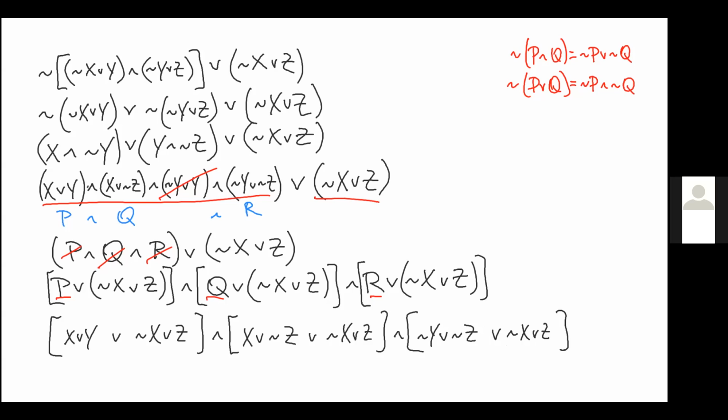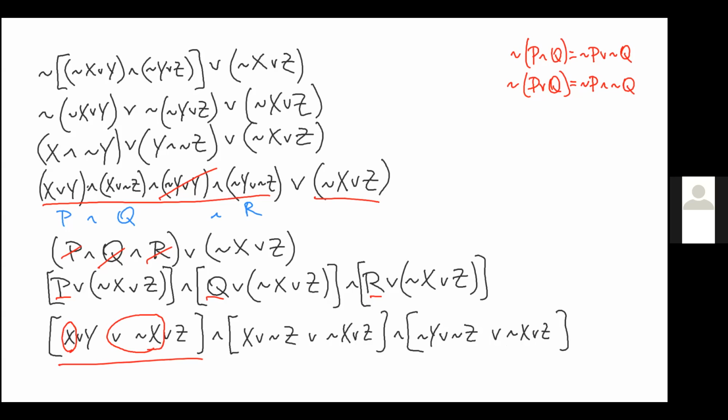And then what I want to focus on is something very nice. The very nice thing is I have X or not X. Again, since they're all ORs, the OR operation is commutative, so I could rearrange these within the brackets if I wanted to.